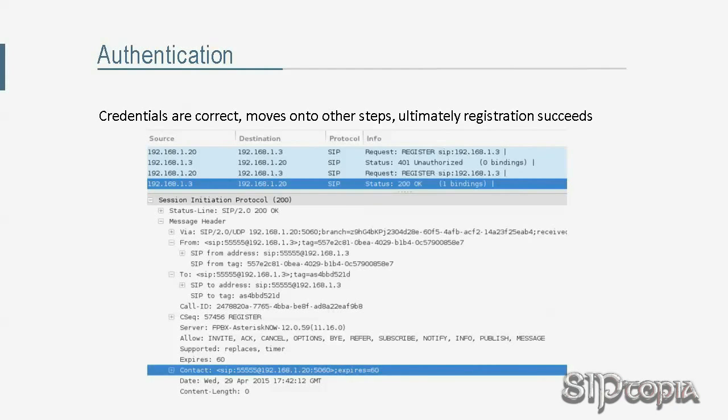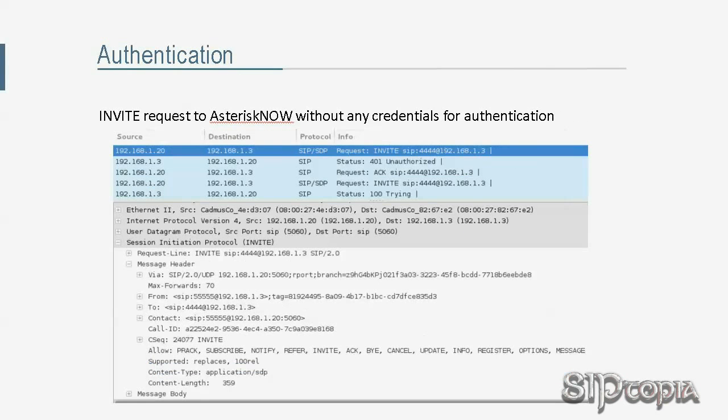Please note that the request goes through several other steps mentioned earlier before the UAS produces the 200 OK response. The 200 OK response is shown here just to indicate that the authentication was successful. Similarly, when Tarzan first tries to call Jane, his SIP phone sends an invite request to the Asterisk PBX without any credentials to authenticate.